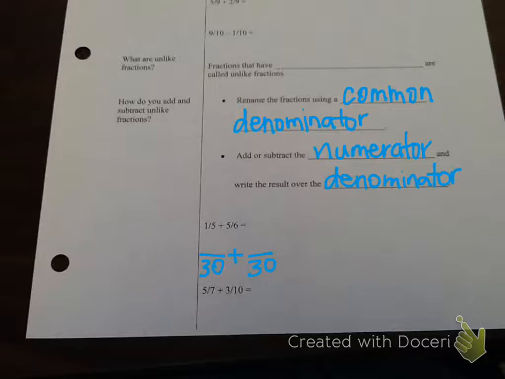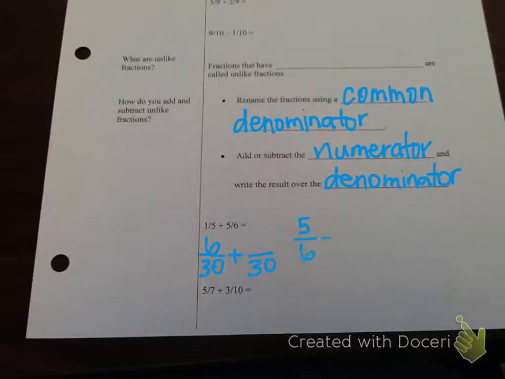So 1/5, if we want it to have a denominator of 30, 5 times 6 would give us 30, so 1 times 6 would give us 6. So 1/5 and 6/30 are equivalent fractions. They're the exact same. Haven't changed a thing there except the way that they look.